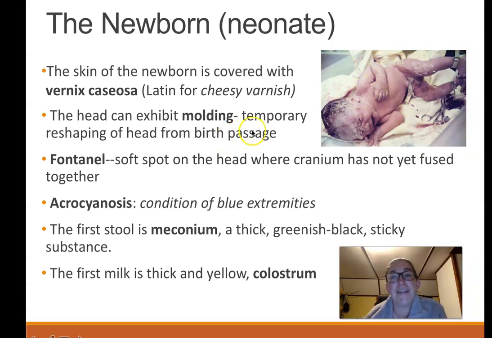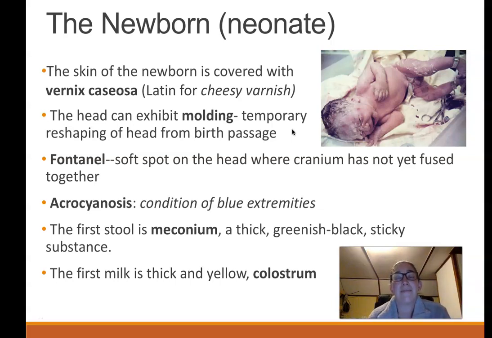Another thing that's common in neonates, especially if they're born vaginally, is for the head to exhibit molding. So their head can be cone head shaped, a little bit malformed, because again, they have the fontanelle, that soft connecting thing for their skull bones. The cranial bones are not fused together yet, so they can actually be compressed, and they do get compressed through the vaginal canal.